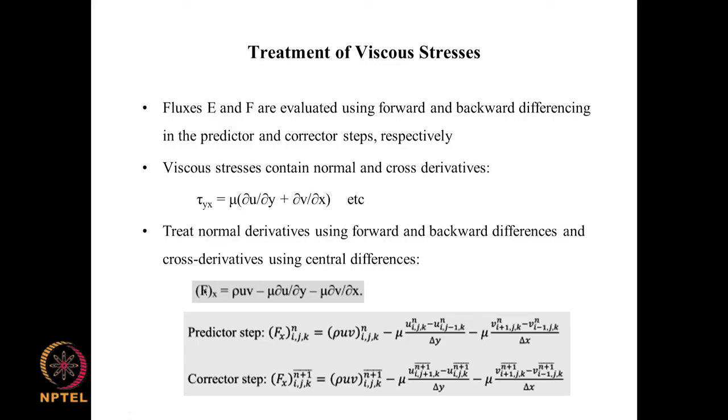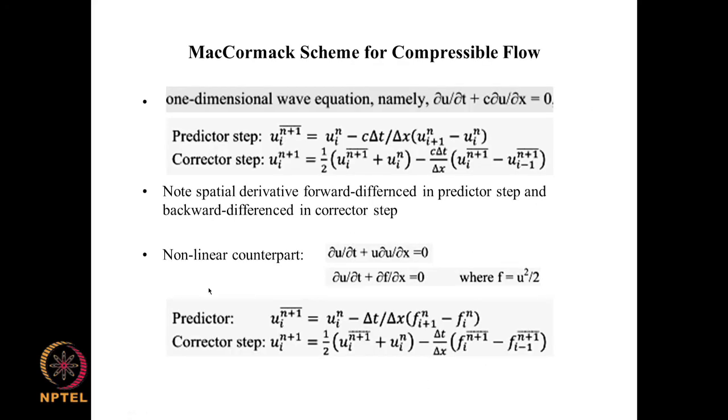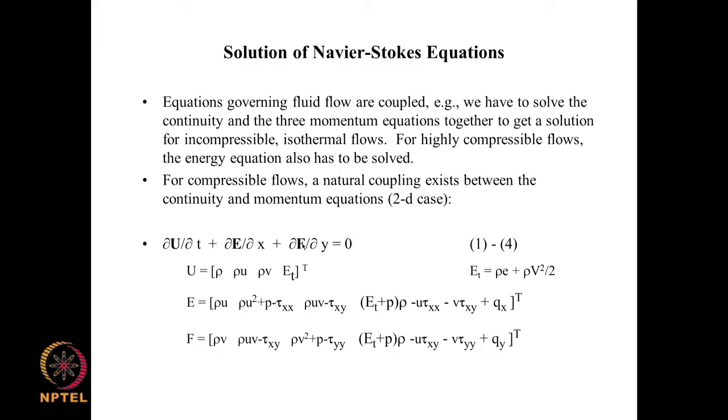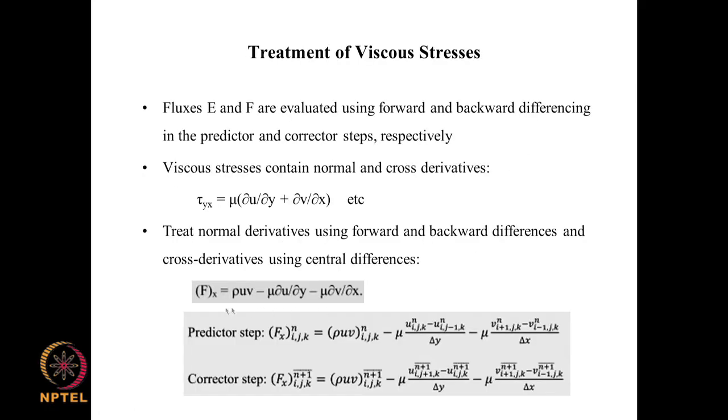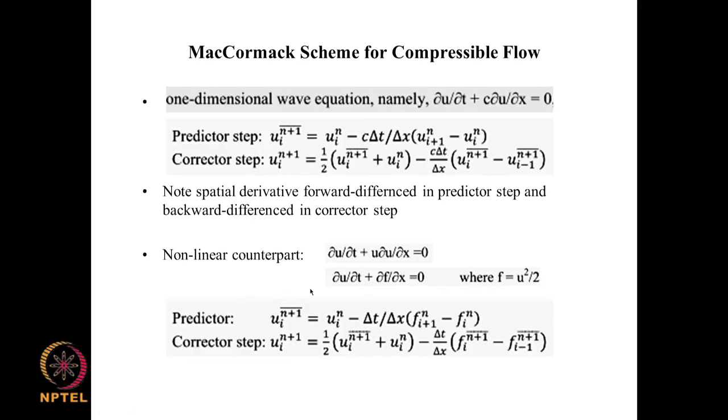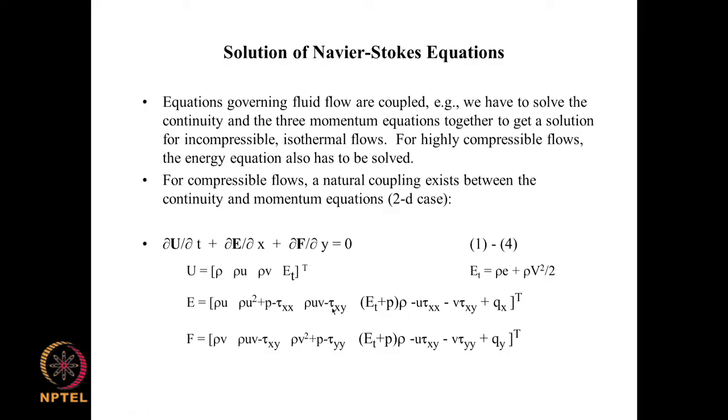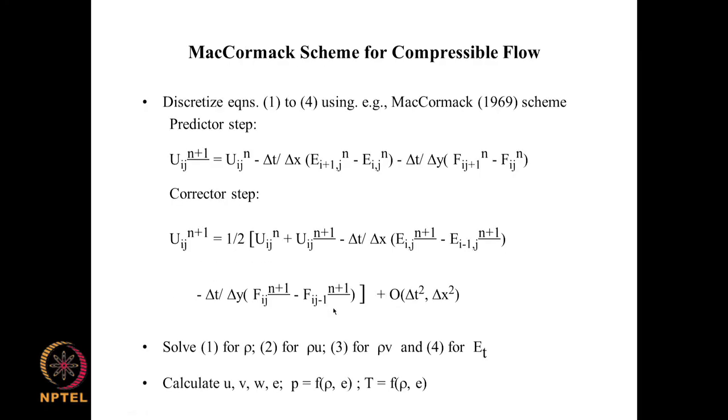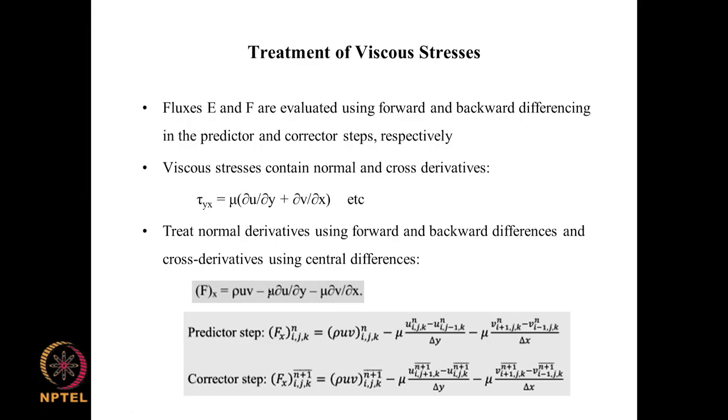So, if you consider the term F, and if you are looking at the x component of it, F in the x equation is rho u v minus tau yx, that is what we have here, rho u v minus tau yx, where tau yx is mu times dou u by dou y plus dou v by dou x.